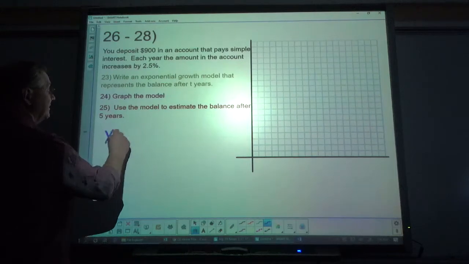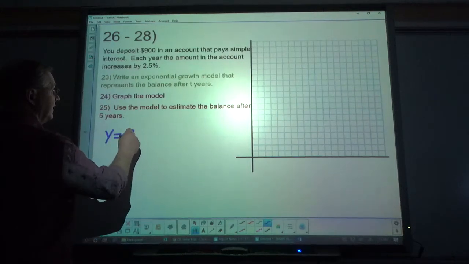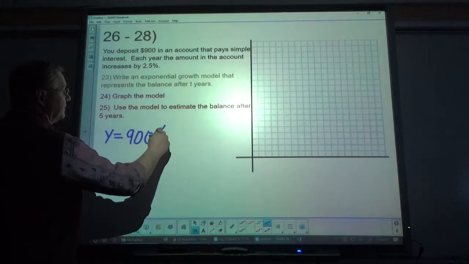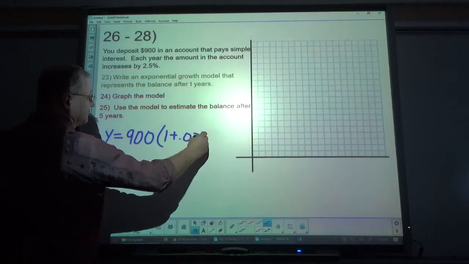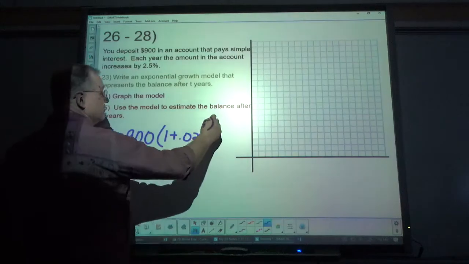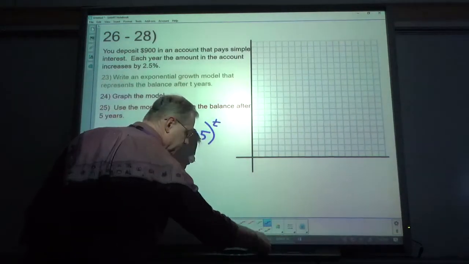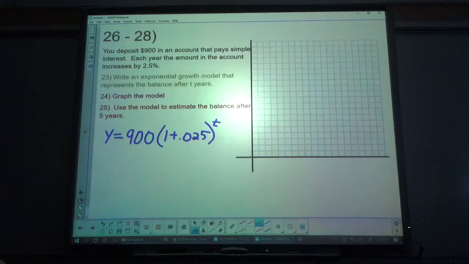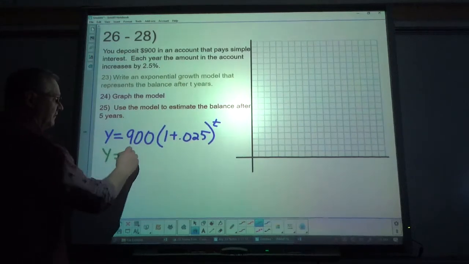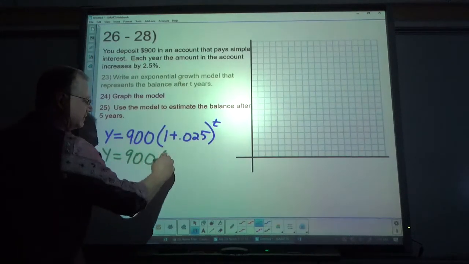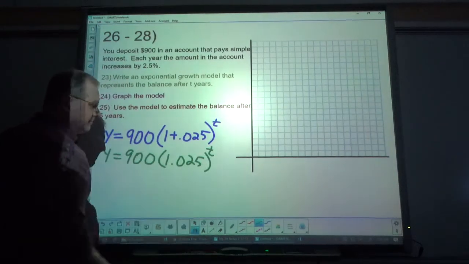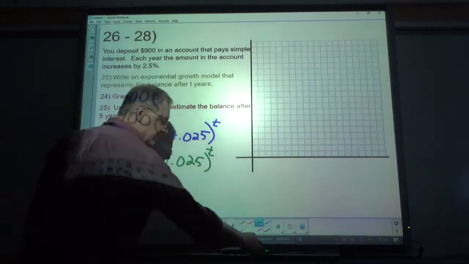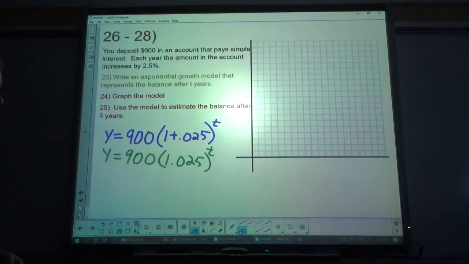So y equals 900 times 1 plus 0.025 to the t. There is your model, or you could finish it off and say y equals 900 times 1.025 to the t.